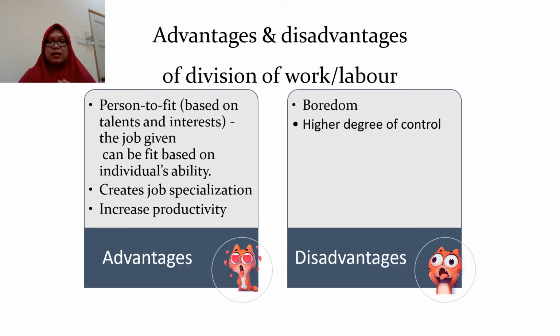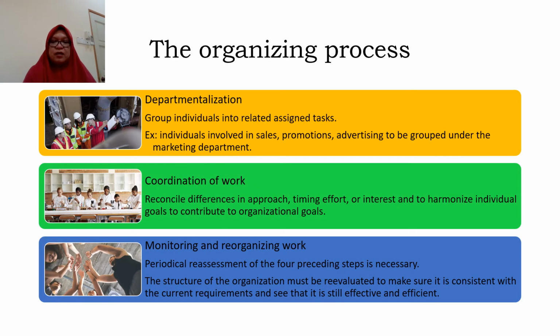However, there are certain disadvantages. For example, of course you feel bored, because every day you keep doing the same thing. And a higher degree of control, meaning you have full control of the task or activity, so sometimes we might be afraid that there might be issues or ethical problems with those things. Okay, let's continue with the process.